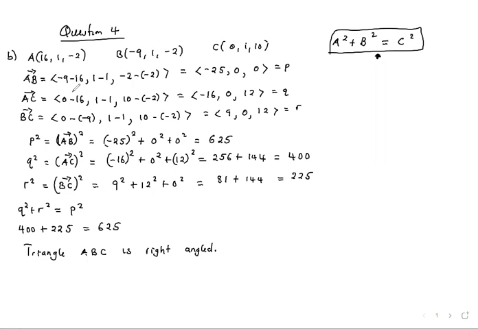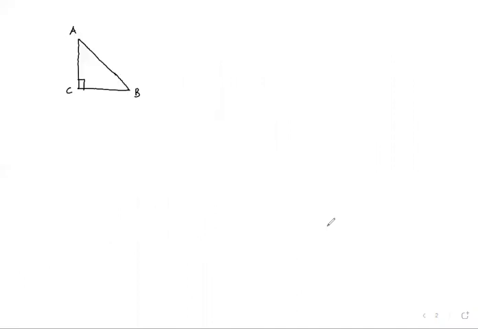So now when you get the sides, since we have them as squared, to get the actual sides, we'll have to be square rooting these numbers. So square root 400, since we're having Q squared is equal to 400. So what is Q? Q will be 20. So that will be AC. So AC is 20.